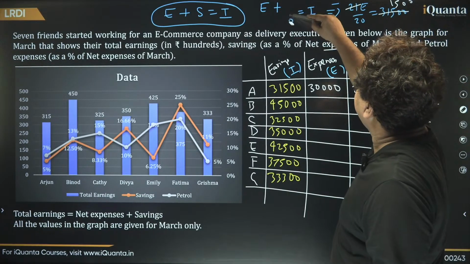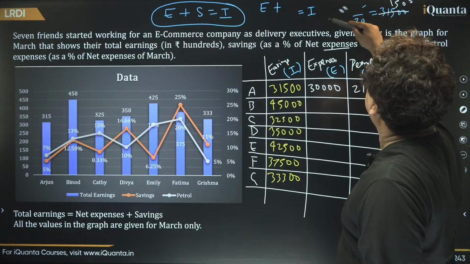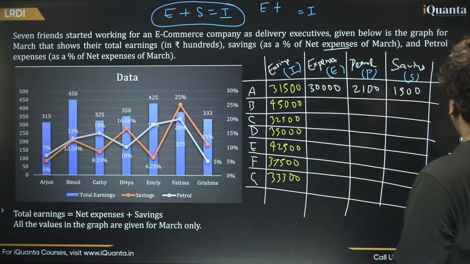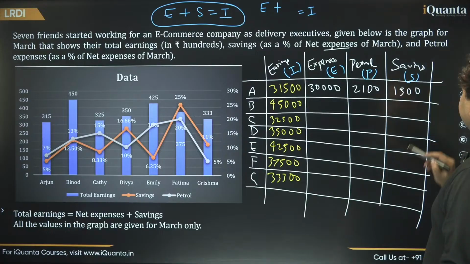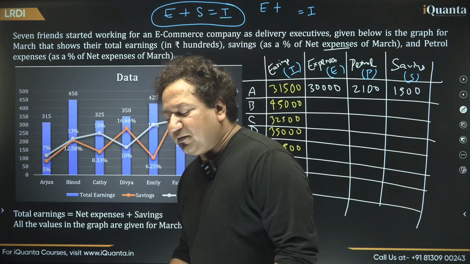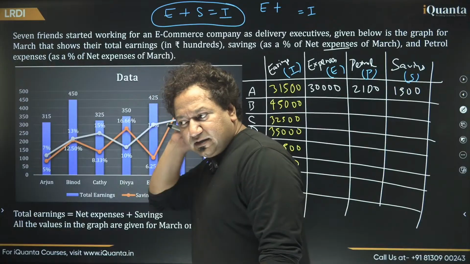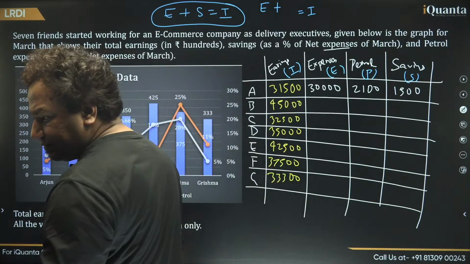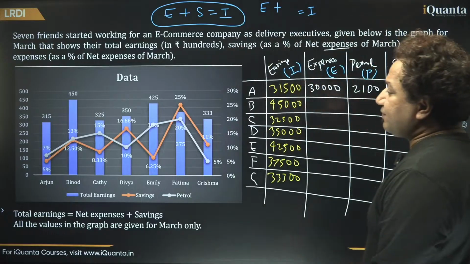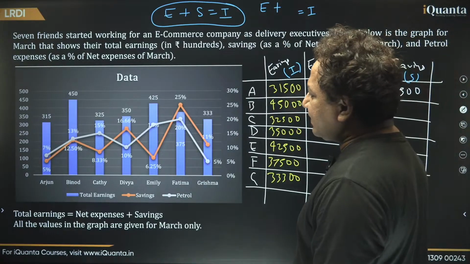Now let's see for the next guy. Who is the next guy? Binod. So for Binod, the saving is 12.5%. What is 12.5%? Aman, what did you calculate? You got it wrong, right? So 12.5% is 1 by 8.